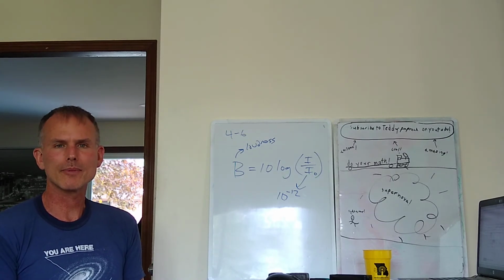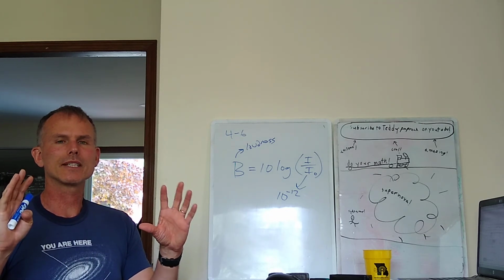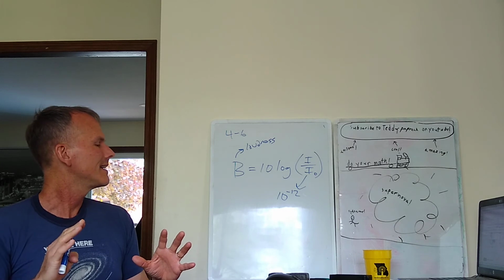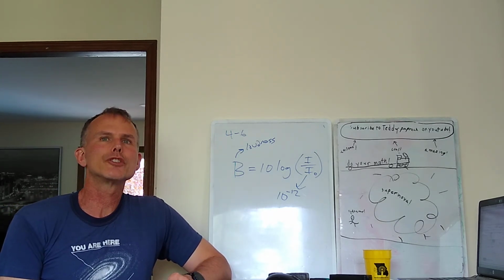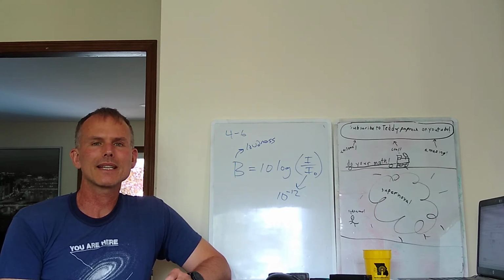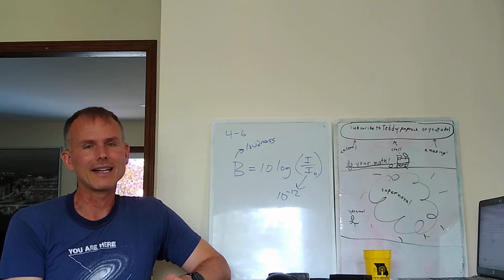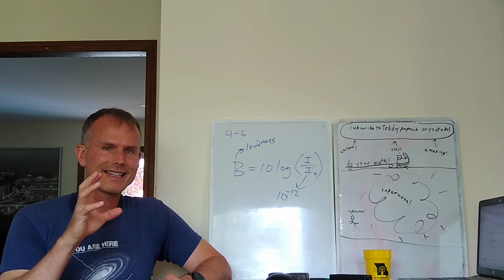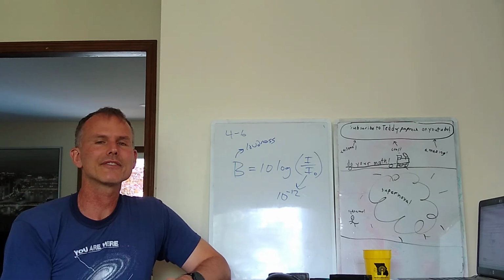Now, watts, remember, are a unit of power, so that's how much power is flowing through each square meter. A watt is a joule per second, where joule is a unit of energy. So how much energy is a joule? Well, not very much. A joule can lift an apple 1 meter. That's a rough estimate.